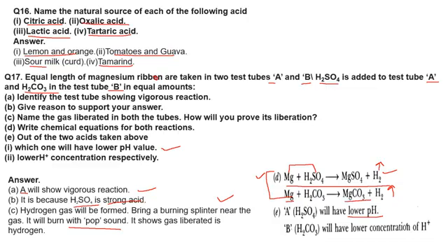Which one will have lower H plus concentration? Lower H plus concentration will be in carbonic acid, because if the H plus concentration is low, that means the acid is a weak acid.